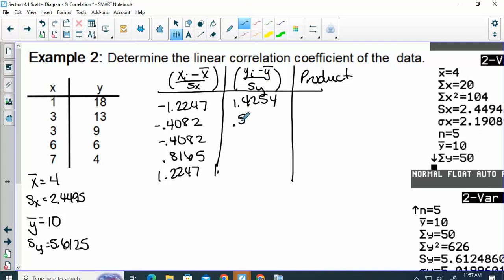You guys know where I'm getting these numbers? And then we just multiply each row together.